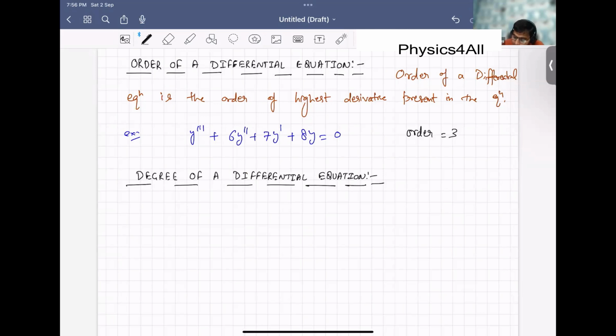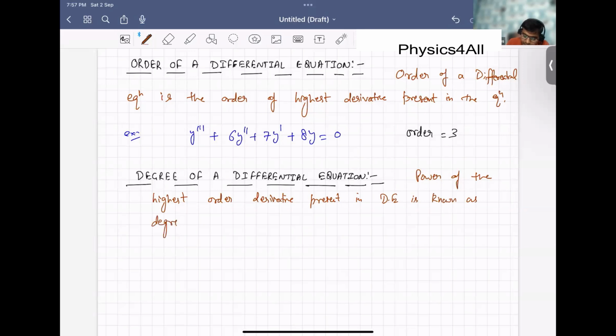So first let me write down the power of the highest order derivative present in the differential equation is known as the degree of the differential equation. Okay.